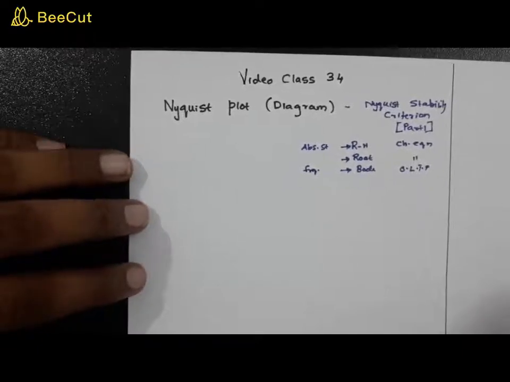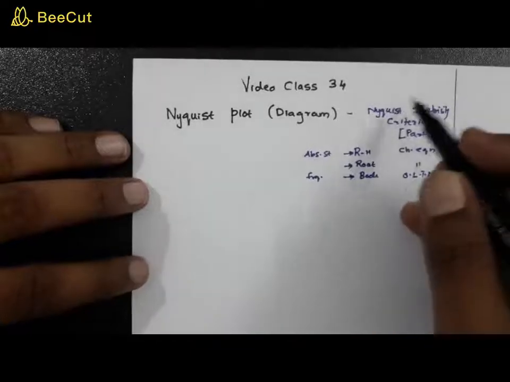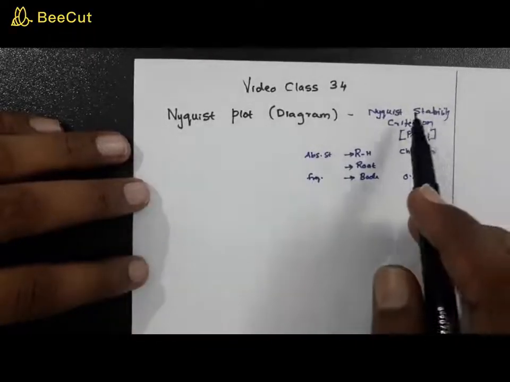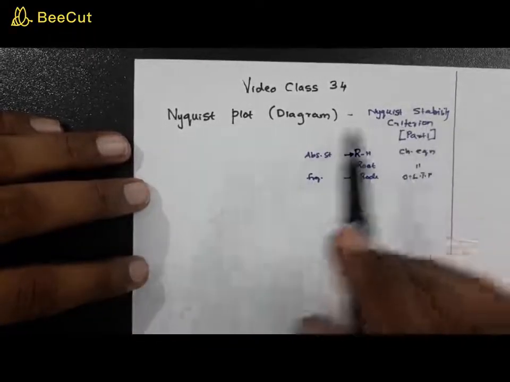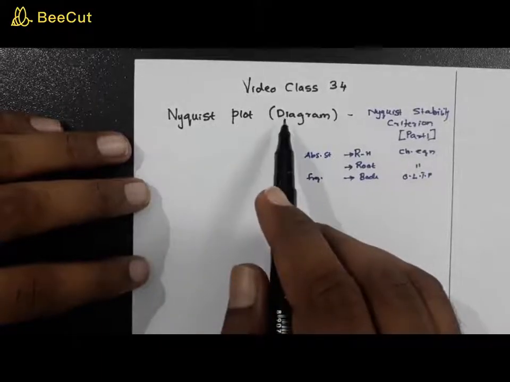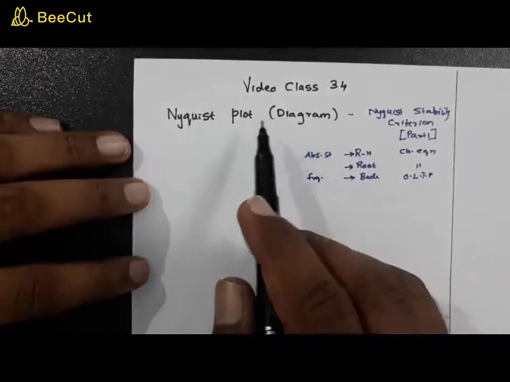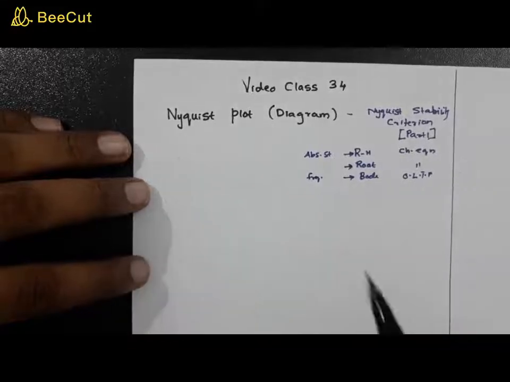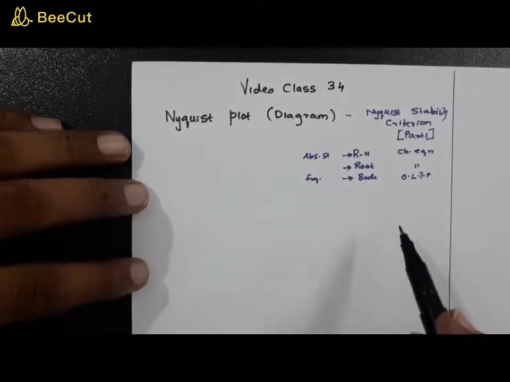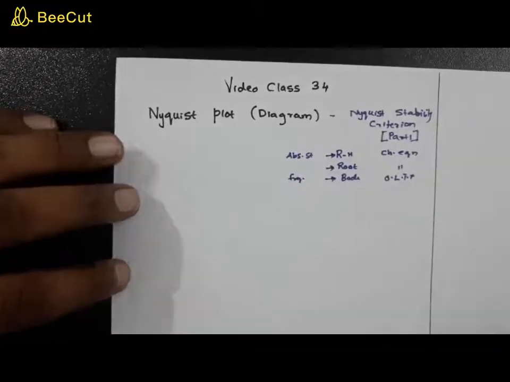Okay, so this Nyquist stability criterion or Nyquist plot, it is also called a Nyquist diagram. This is another method by which you can ascertain the stability of a system.